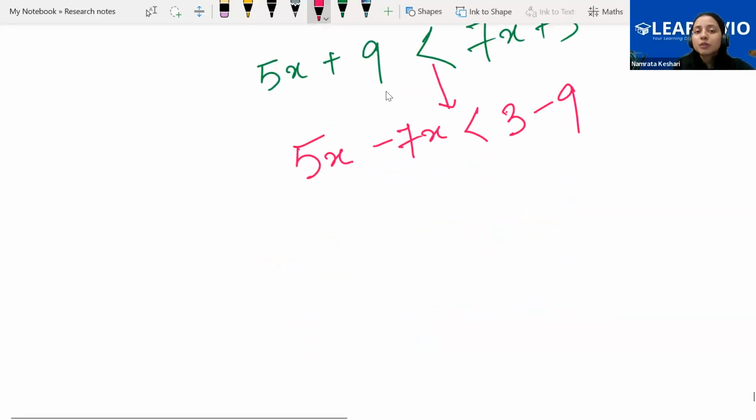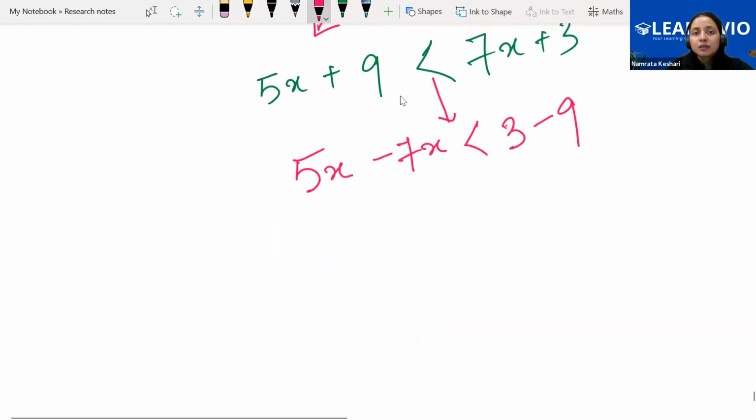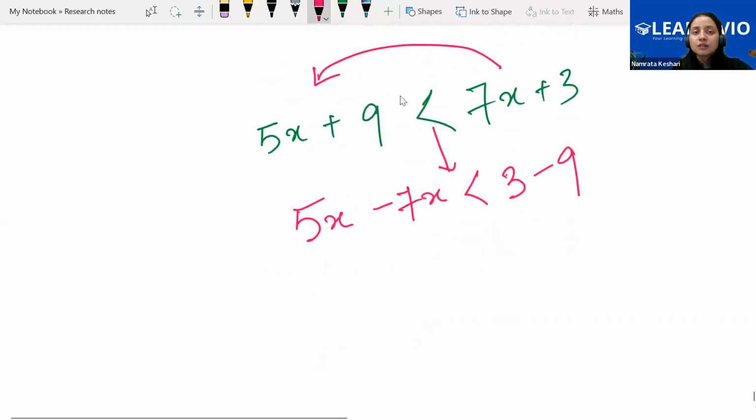Now, can you tell me what will be on the left side? 5x minus 7x is minus 2x. And 3 minus 9 is minus 6. Can you see?